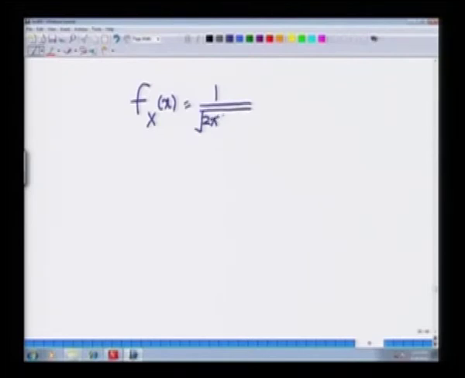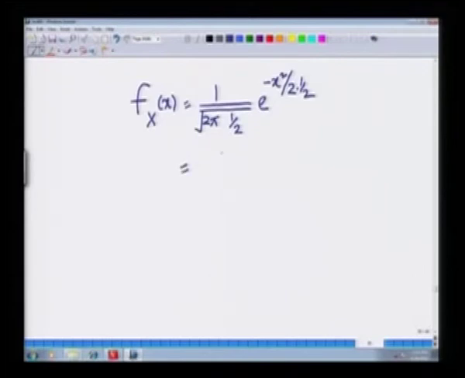So, the distribution of x is simply f_X(x) equals 1 by square root of 2 pi sigma square, but sigma square is half, times e power minus (x minus mu) square, mu is 0. So, it is simply x square divided by 2 sigma square, where sigma square is half. So, it is 2 into half, which is 1.